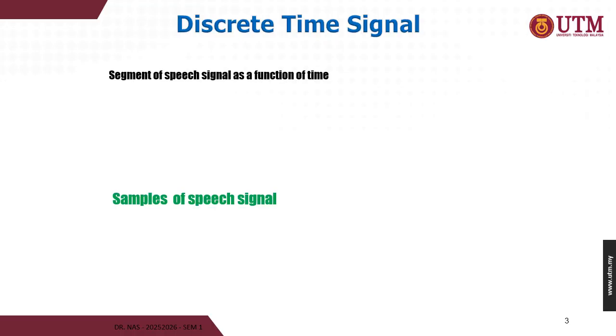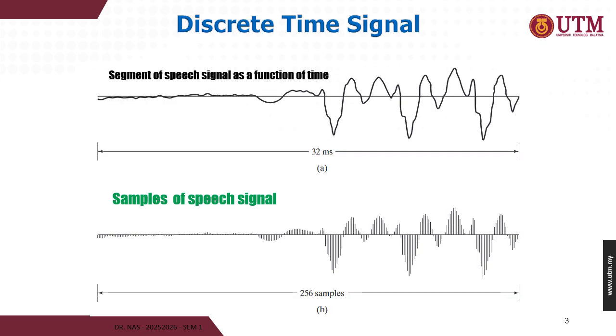Let's look at the main comparison between a continuous time signal and a discrete time signal. On top here is the continuous time signal, in which the signal has continuous amplitude at all instants of time.